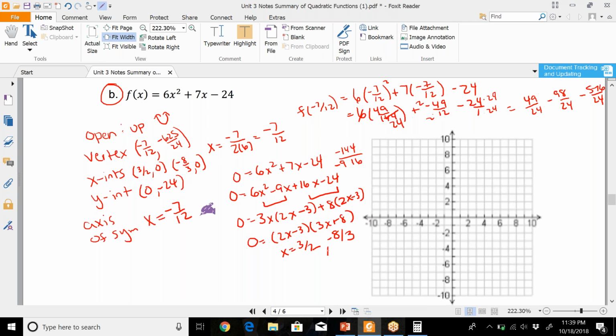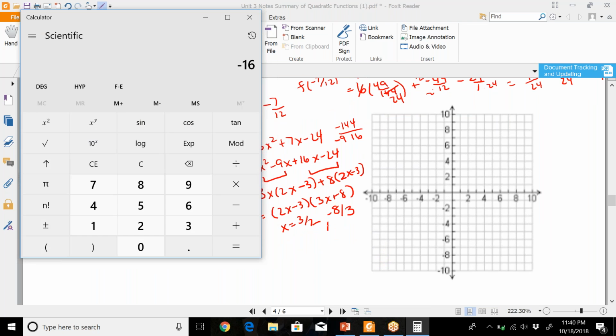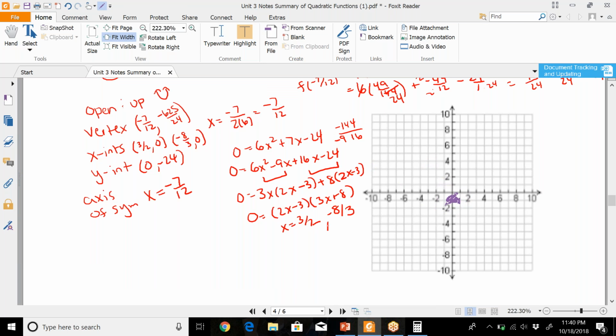Okay, so in terms of graphing these, you probably want to estimate, and our graph's not even going to go down far enough because it only goes to negative 10. And we already know our y-intercept is negative 24, so this is going to be even lower because it's the vertex. So I'm actually going to change my scale to counting by 5s on the y-axis.